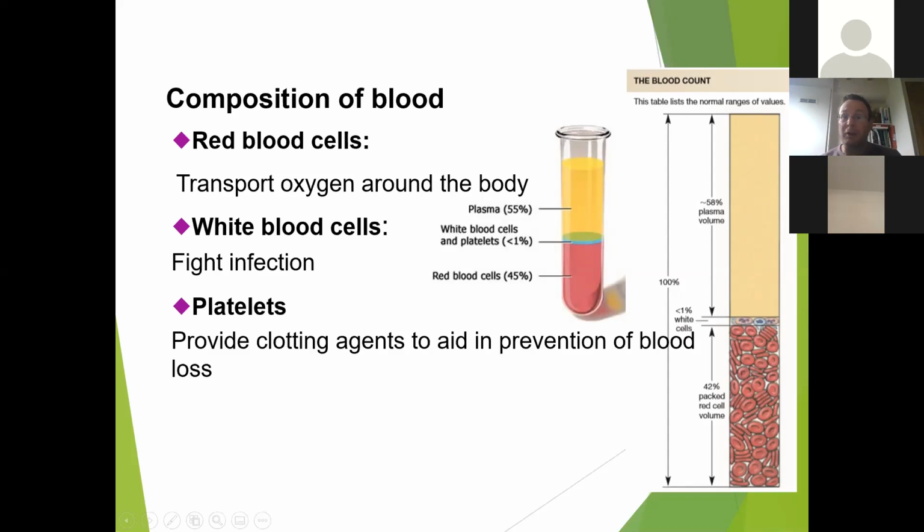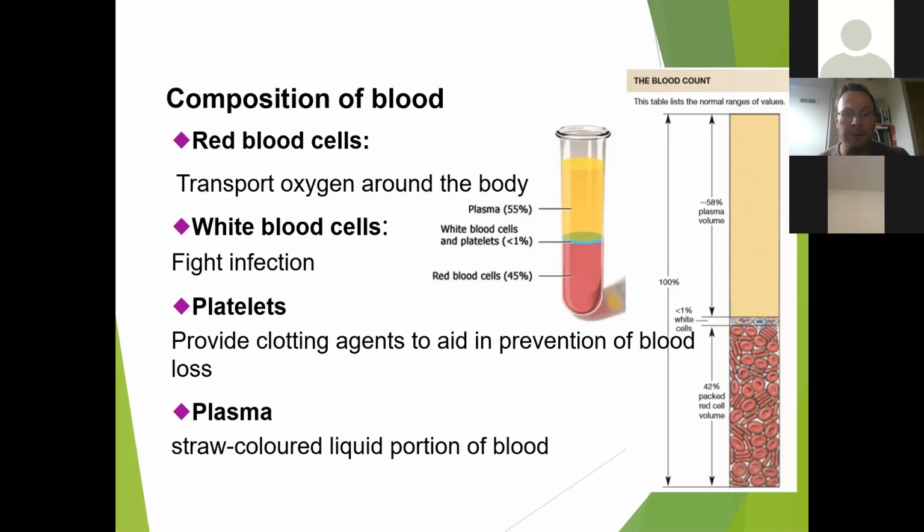Our platelets provide clotting agents to aid in prevention of blood loss. And our plasma is that bit at the top, that liquid portion, the bit that everything else is suspended in. So as we get fitter, a couple of things happen. We grow slightly more red blood cells, but we also get slightly more plasma.